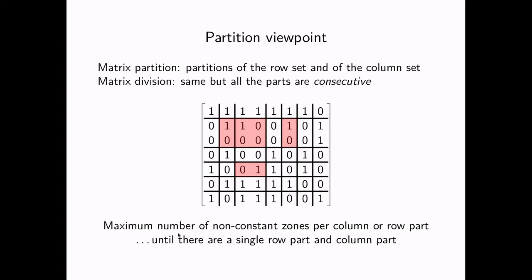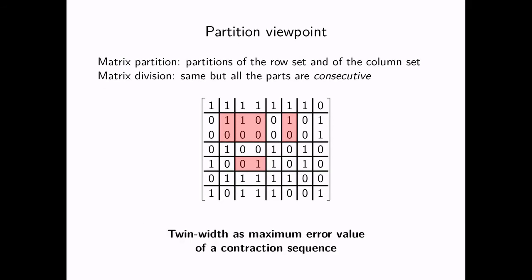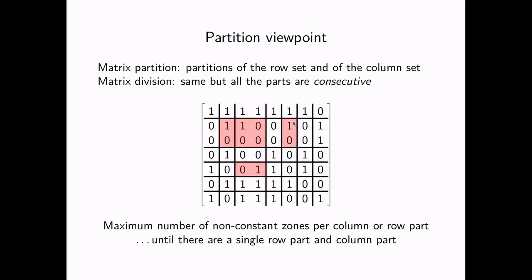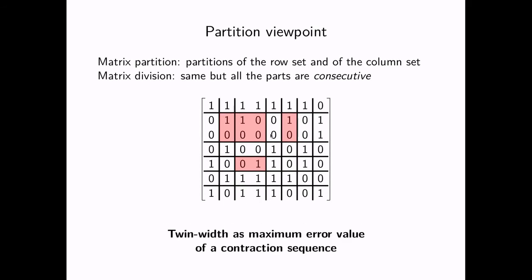That would again give you something equivalent to twin-width. And we will now focus more on divisions, which are a particular case of partitions where you partition into consecutive sets of rows and columns. So for instance, all that I represented there were divisions.